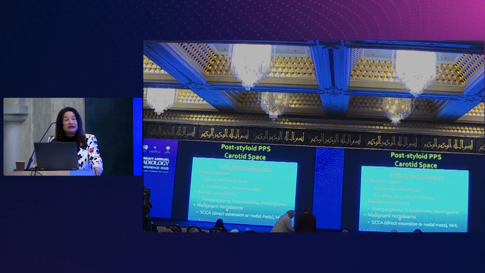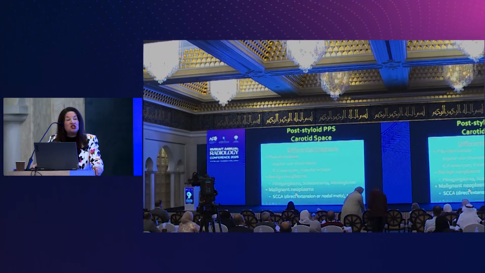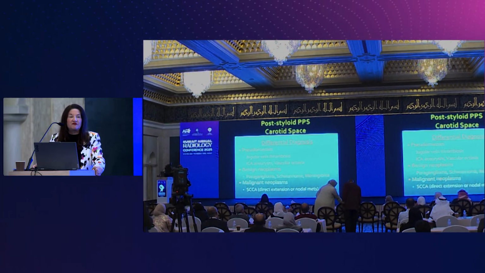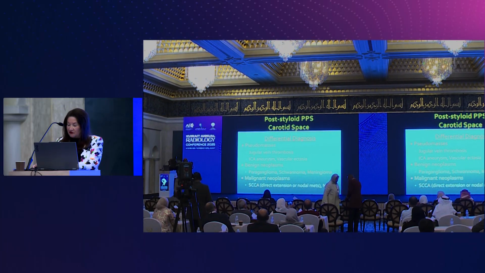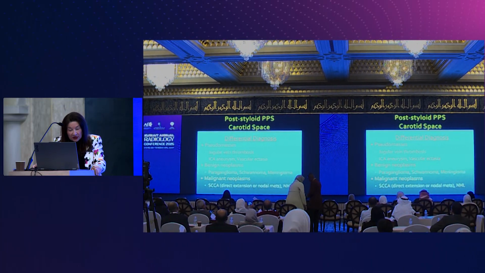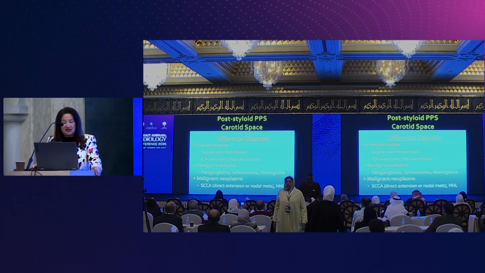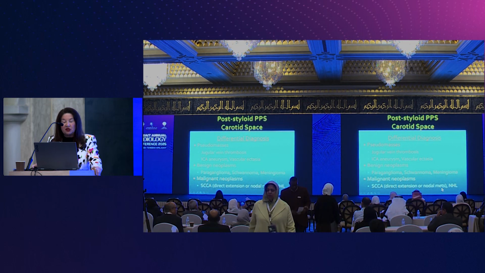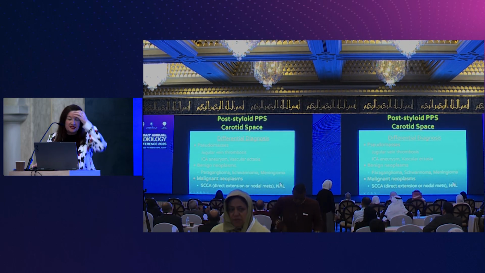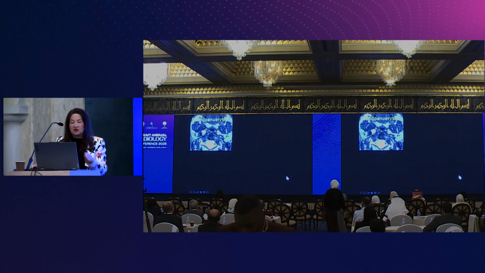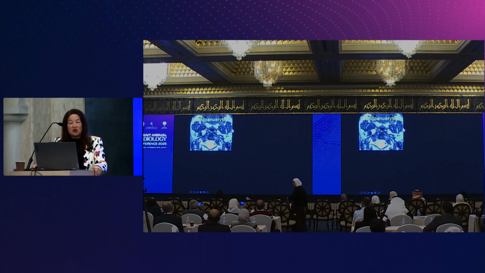And we have malignant neoplasms. Remember, the sheath above the carotid bifurcation at the oropharynx and nasopharynx is frequently incomplete, and so you can get direct extension or nodal metastases into the carotid space, but you can also get nodal metastases and pathologic nodes from lymphoma. So let's look at some examples.